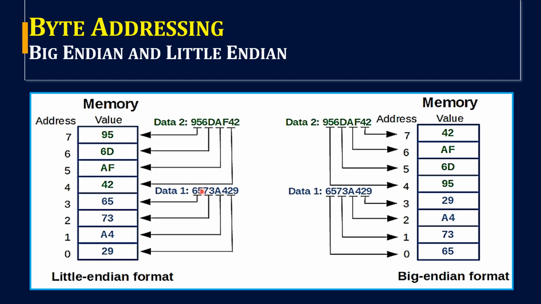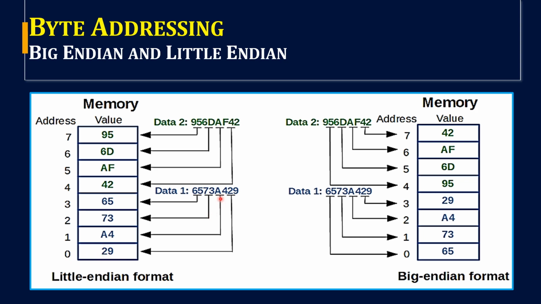If the lower addresses are used for representing the least significant byte, then it is called the little endian format. That is, the 29 is represented by the lower byte address. The lower byte address is 0. So in address 0, we are storing the 29.